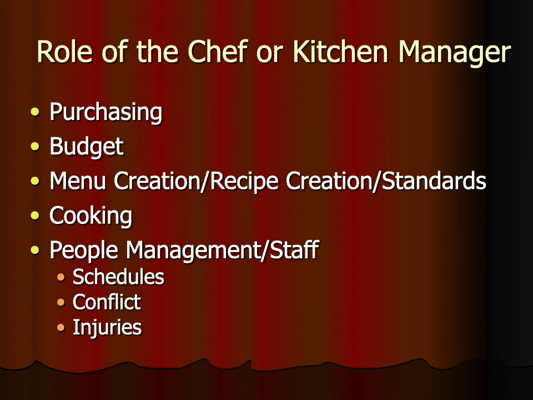We're going to be looking at the role of the kitchen manager and chef as dealing with all of those things. So let's look at some of the positive and some of the negative aspects of these jobs.